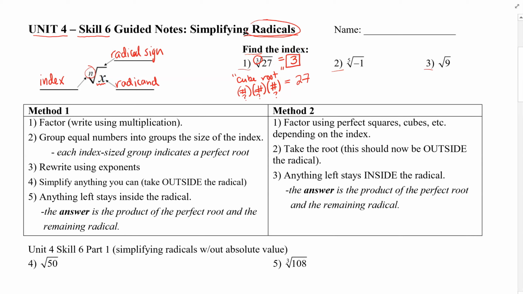That number is 3. So 3 would be the result of this radical, because it's the number that if I multiplied it by itself 3 times, which matches the index, it would equal the radicand, the thing under the radical sign. In other words, this is another way of saying the cube root of 27 equals 3.